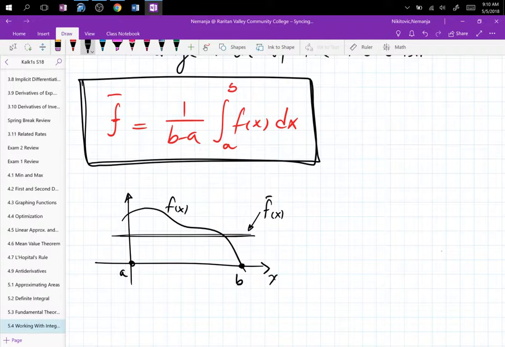It's the average value. Now this average value is also going to be known as the mean value theorem for integrals.